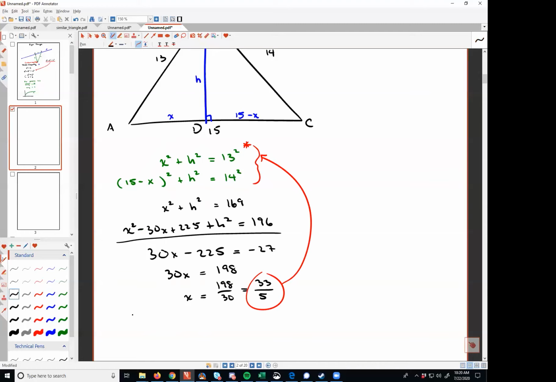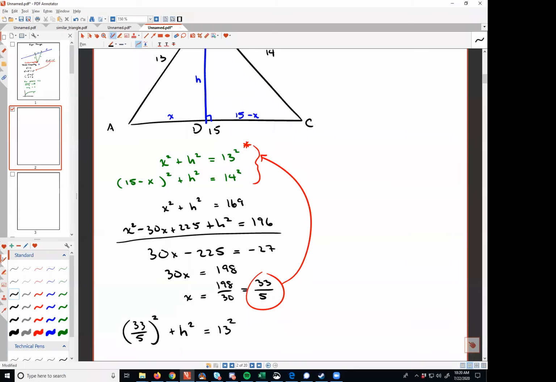So we plug that in and we have 33 over 5 squared plus b squared equals 13. Actually, it's h squared. Sorry, thank you. 33 over 5 squared plus h squared equals 13 squared.